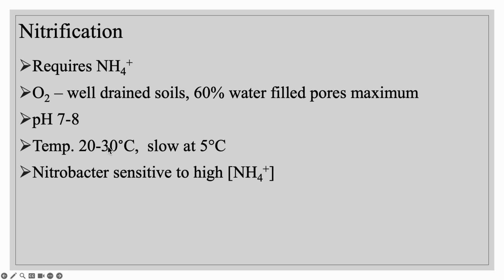This is typically going to happen when it's warm, so in the summertime. And then also we need to make sure that our pH isn't too high, because the Nitrobacter are sensitive, not to the pH, but to high ammonium concentrations. So we need to make sure that we have enough Nitrosomonas to run that process from ammonium to nitrite.